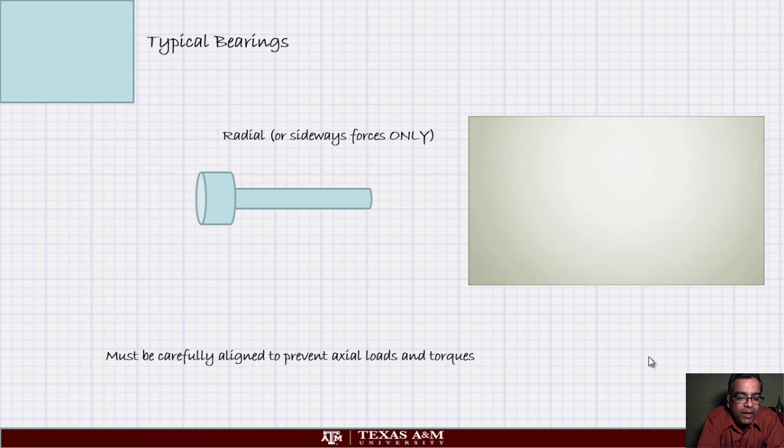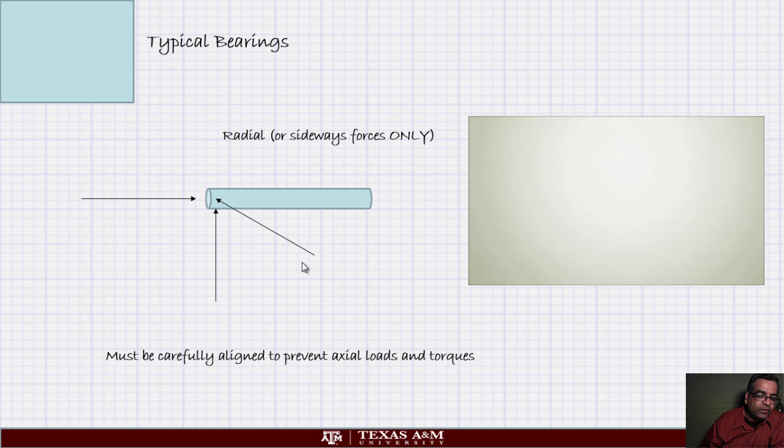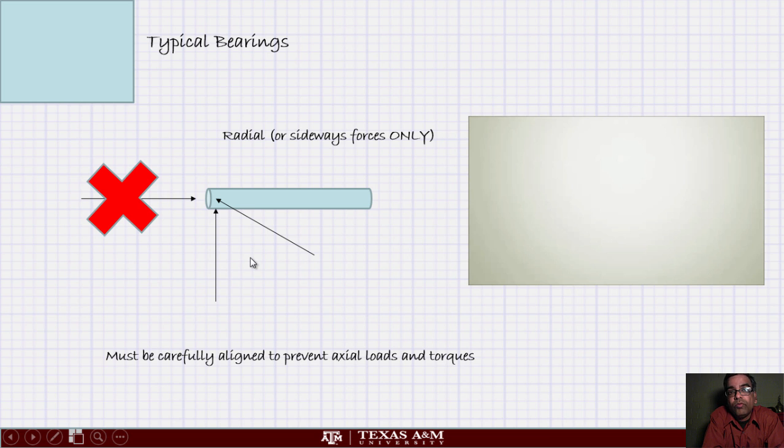A typical bearing only allows sideways loads. It will allow only those two kinds of things, perpendicular to the shaft. It does not allow things to happen parallel to the shaft. If you have things that are parallel to the shaft, they will kind of pop off the bearing.